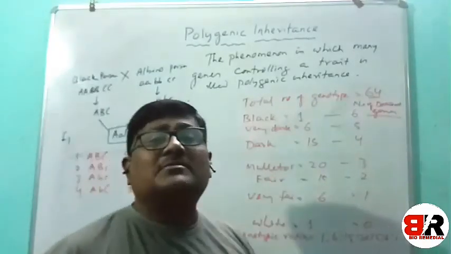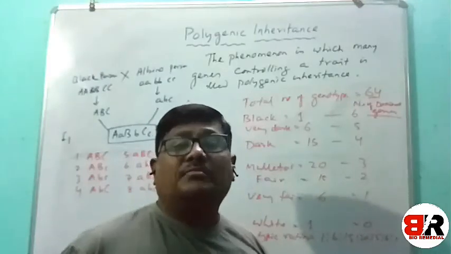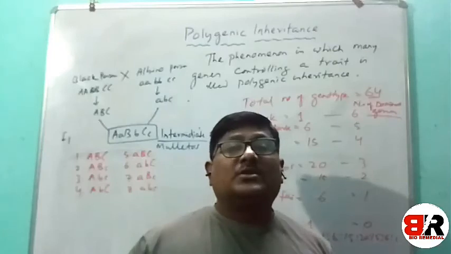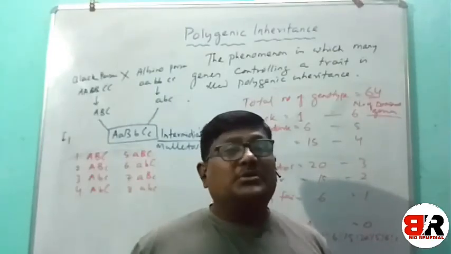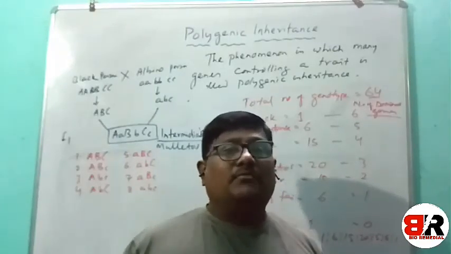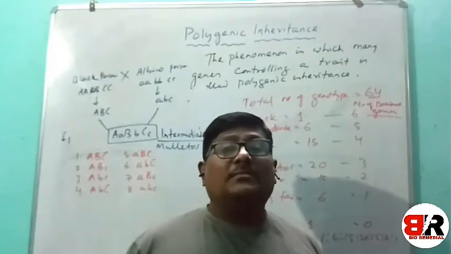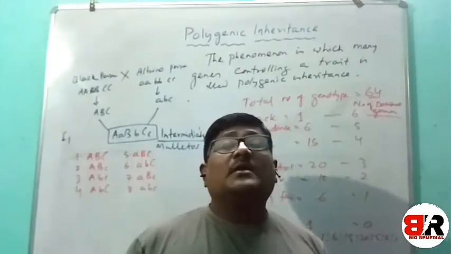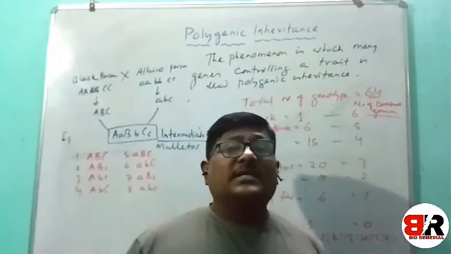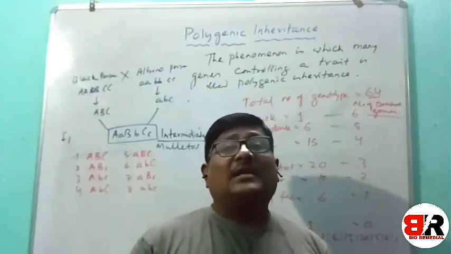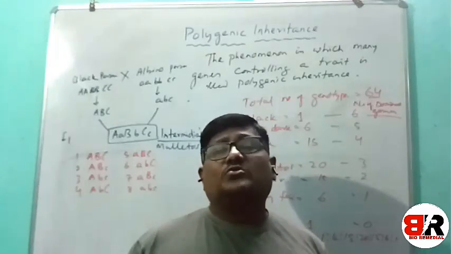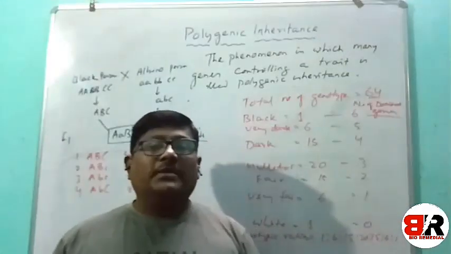That is why various types of skin color we can obtain in human skin when it is crossed with two opposite skin colors, one black and one albino. That means we have understood that many genes control one trait, that is human skin. You have understood very well.